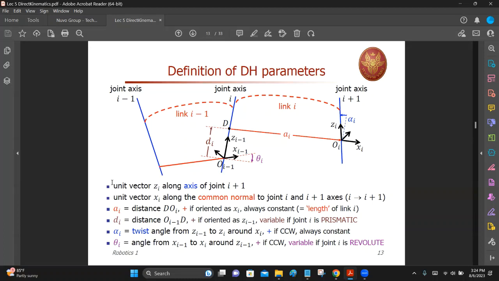Now, if I do a little bit of a math description, these are the points. Unit vector zi, which is this one, is along the axis of joint i plus 1. So this is joint i plus 1, and the axis is zi. So there is one less: if you get the joint axis, one less is the coordinate frame.